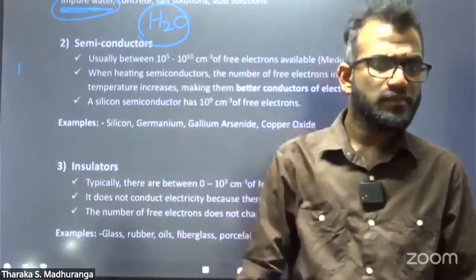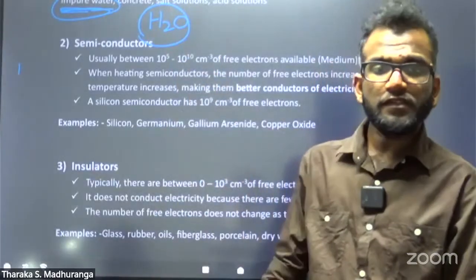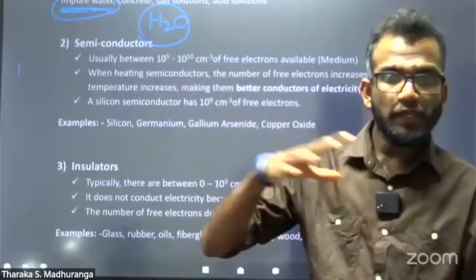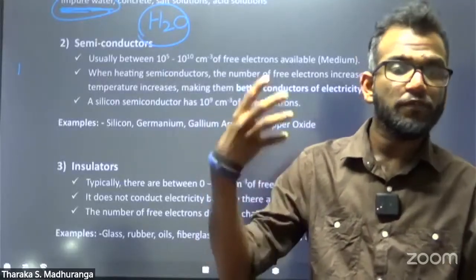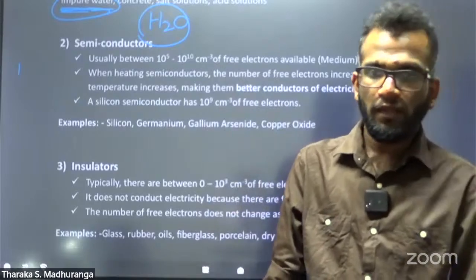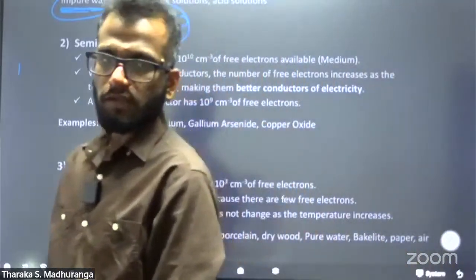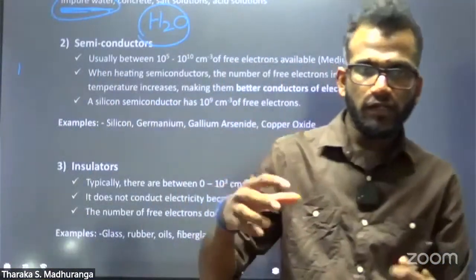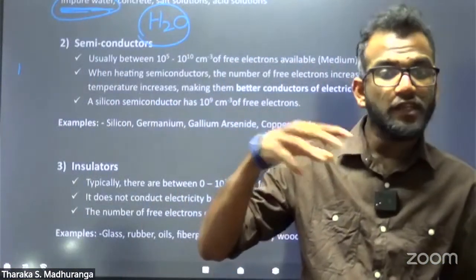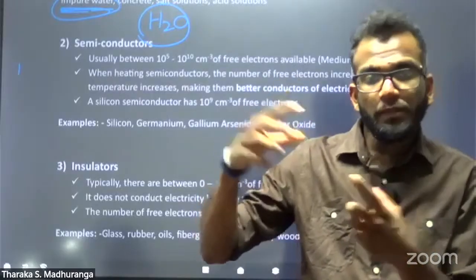Why? The reason is that vibration increases. Their molecular vibrations increase, therefore the number of free electrons increases. When we increase the temperature of semiconductors, the molecular kinetic energy increases, meaning their vibrations increase.